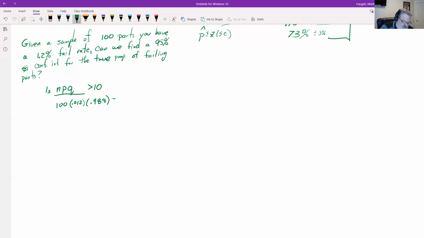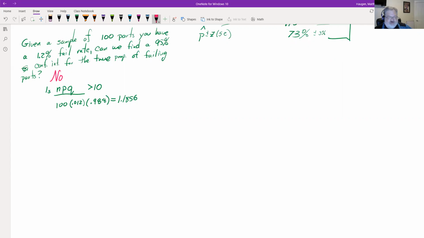What is that product equal to? 1.1856. Is it bigger than 10? Nope. So what's the answer to this question? The answer to this question is no.